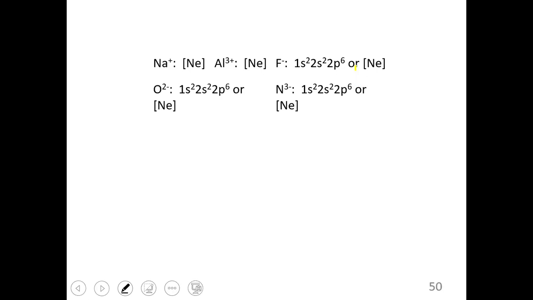So the word we have for that is that all of these species are isoelectronic with neon, or let's say simply isoelectronic, which means they have the same number of electrons total. They have the same outer configuration. So let's practice here a little bit.